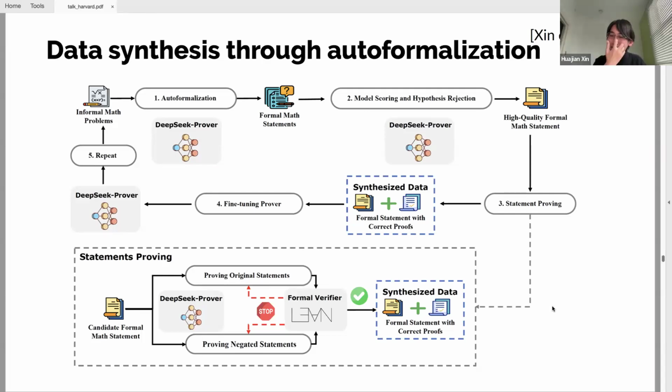Indeed, this is not a very complex technique. For one formal statement, we can generate various proofs of it, and all of them are correct. For example, we try to prove a theorem 100 or even 1 million times.